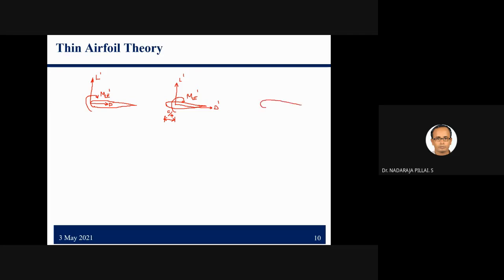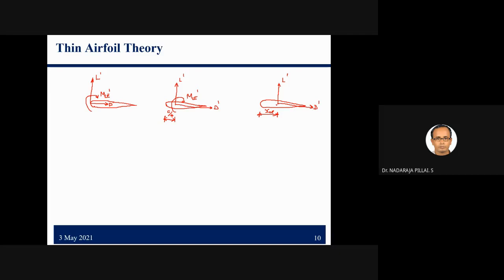Now I take another case where somewhere you have a center of pressure, L dash, and here you have a D dash, and this distance is x cp, as we have drawn before. Here I didn't mark the moment at the point at which the center of pressure lies.